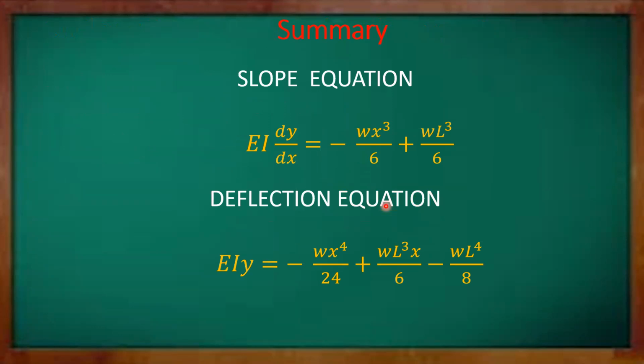So the summary will be, for a cantilever beam which carries a UDL of w throughout the entire length, we have the slope equation as EI dy by dx is equal to minus w x cube over 6 plus w L cube over 6. And the deflection equation is given by EI y is equal to minus w x power 4 by 24 plus w L cube x by 6 minus w L power 4 by 8.